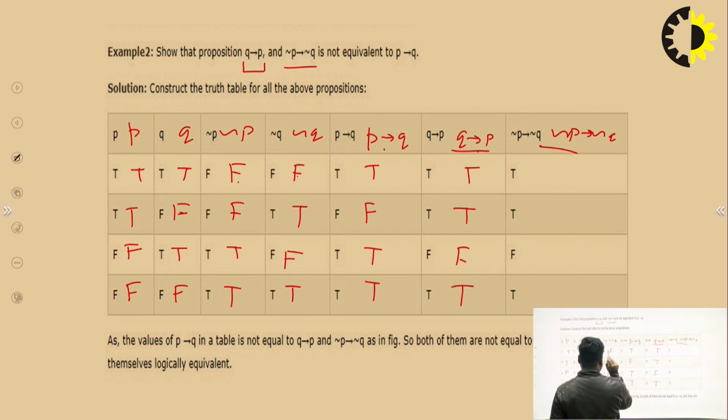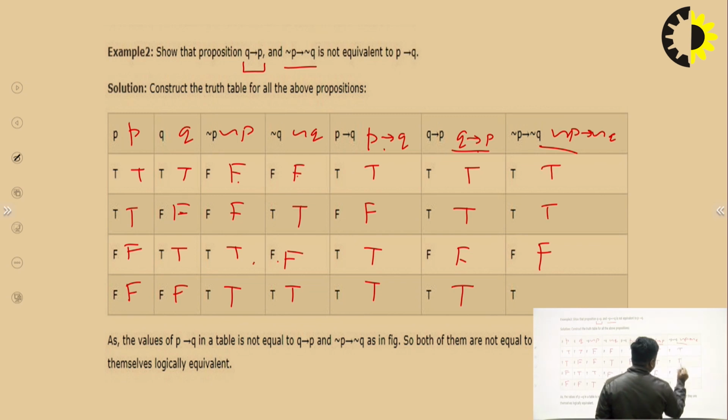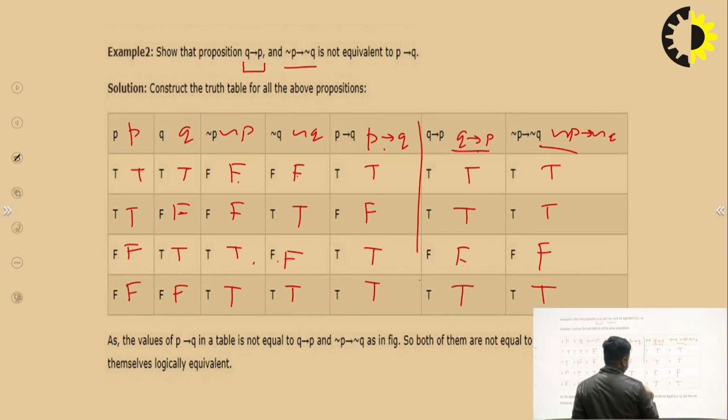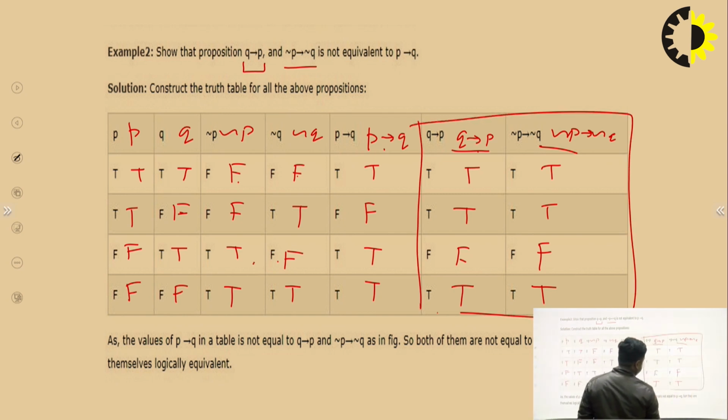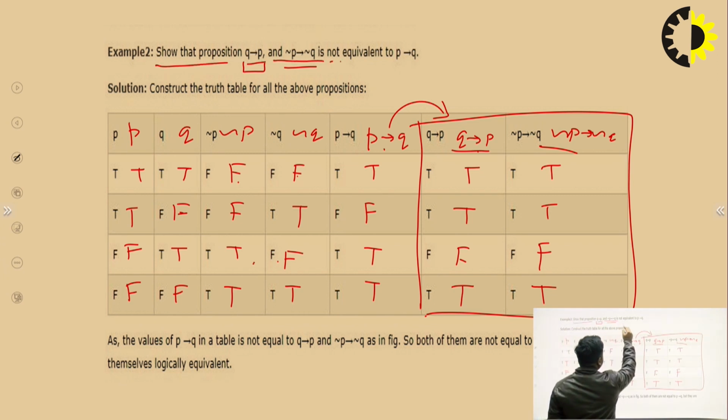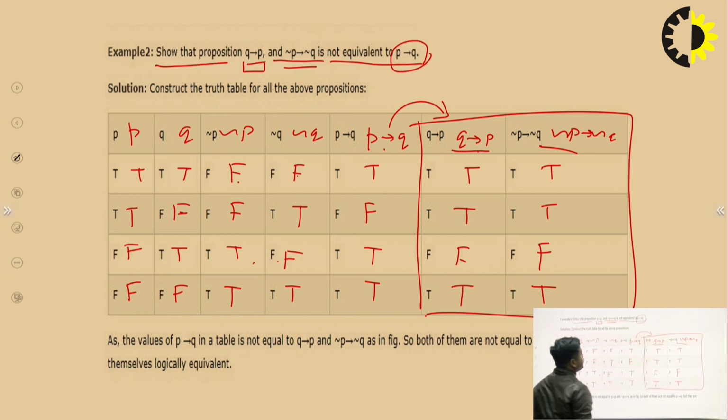Not of P to not of Q means this statement would be the false statement, otherwise all the statements are true. As I have told you, only the second statement is false, it means these two propositions are matching, but these are not matching. So we have to show that the proposition Q to P and not of P to not of Q is not equivalent to P to Q.